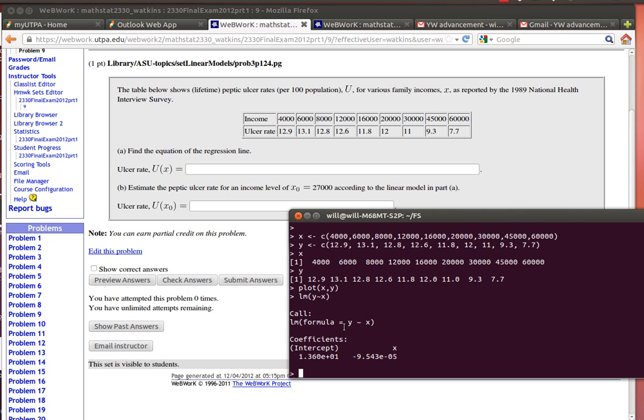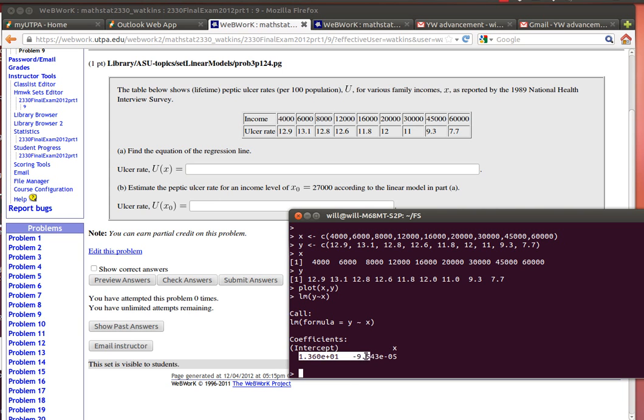It's looking for predicting y based on what the x variable is. So it's saying that the intercept is going to be this e+01, which means this decimal place needs to be moved over 1. So it's going to be about 13.6. That looked reasonable in the plot that we looked at before, and the slope is going to be that amount.